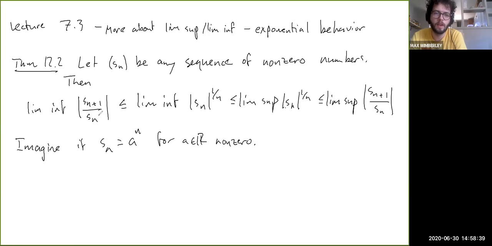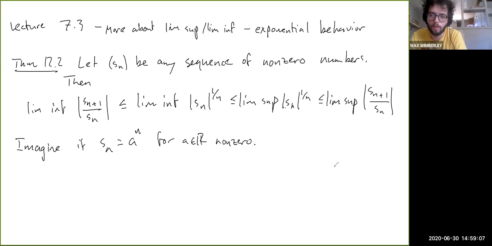And what this is saying is that these successive quotients are more widely varied, more erratic, than if you take the nth root of each term.